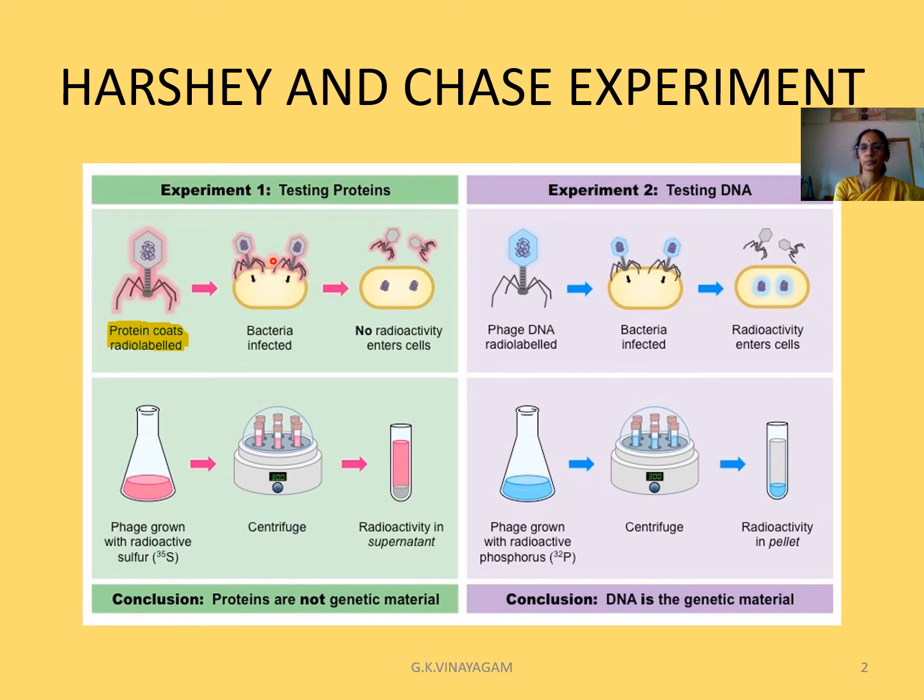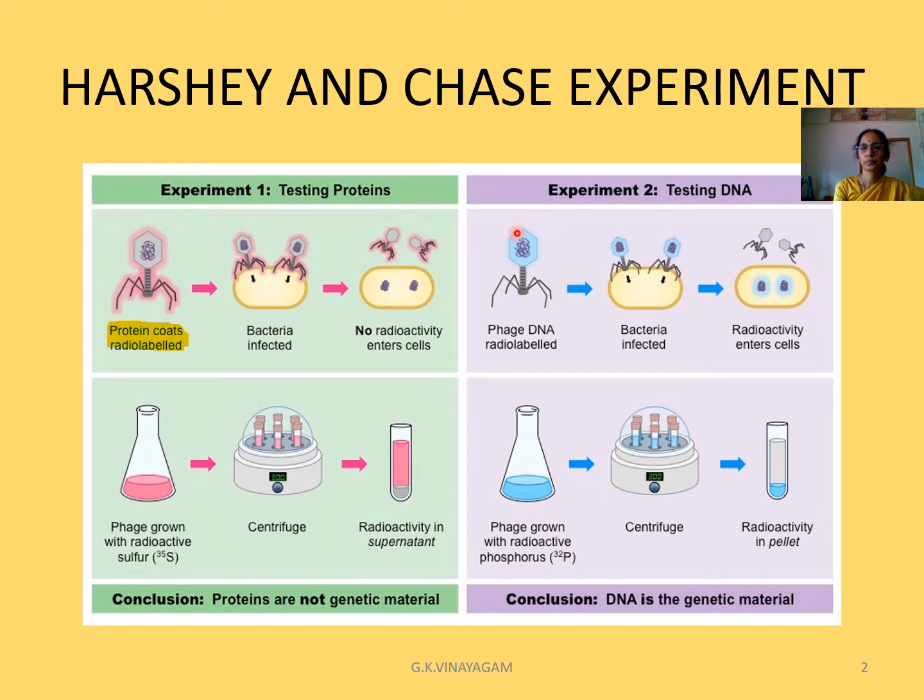Now the phage is allowed to infect the bacterial cell. When the infection was over, before the lysis, it was agitated in a blender followed by centrifugation. Now the radioactivity is seen only in the supernatant. That means the protein coat has not even entered into the bacterial cell.